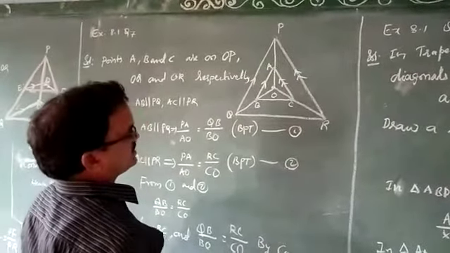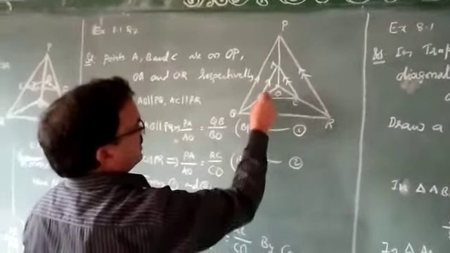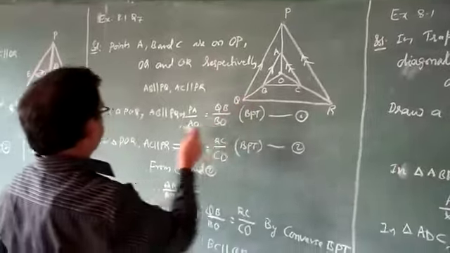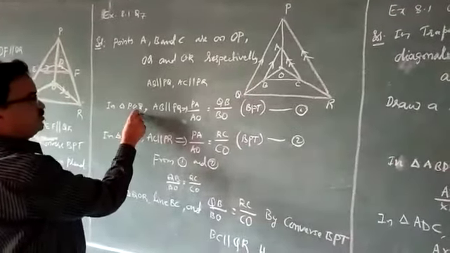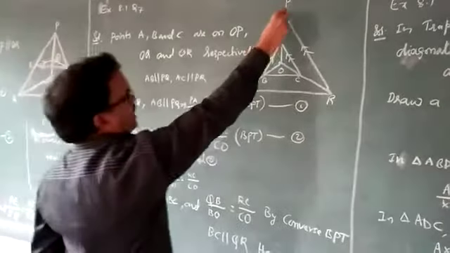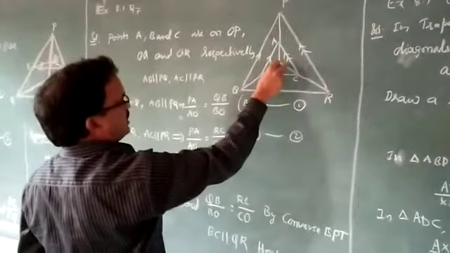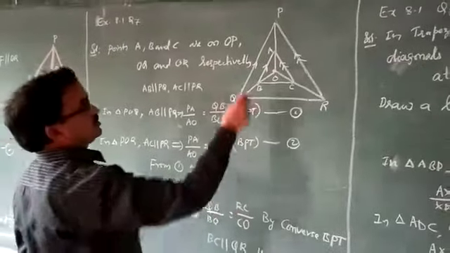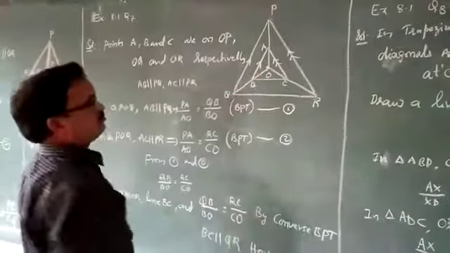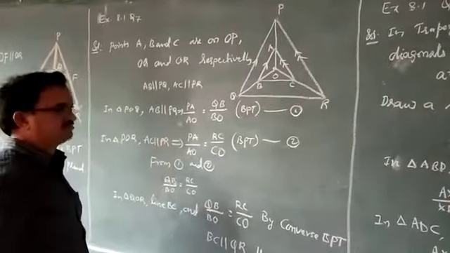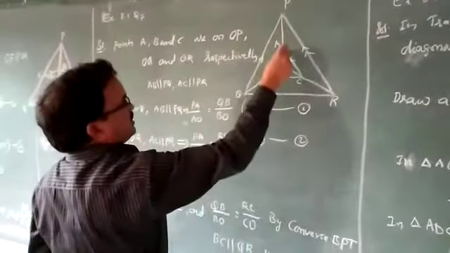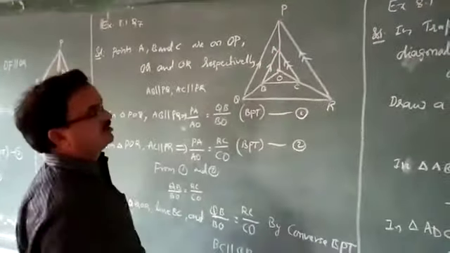First consider triangle POQ, and second, triangle POR. AB is parallel to PQ. First step, in triangle POQ, AB is parallel to PQ, so PA by AO is equal to QB by BO from BPT. In the second case, you consider this triangle POR.